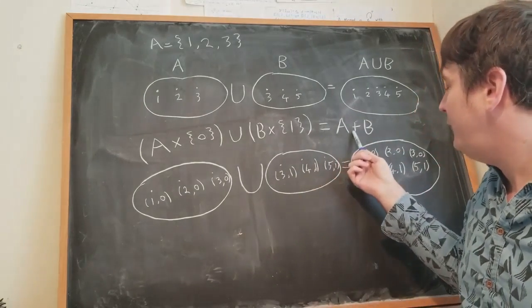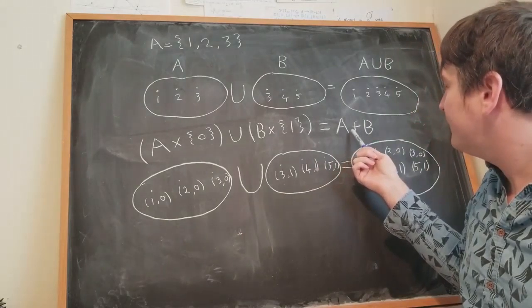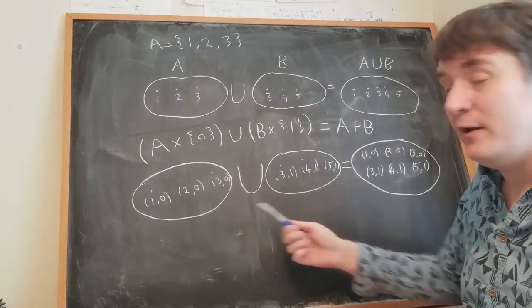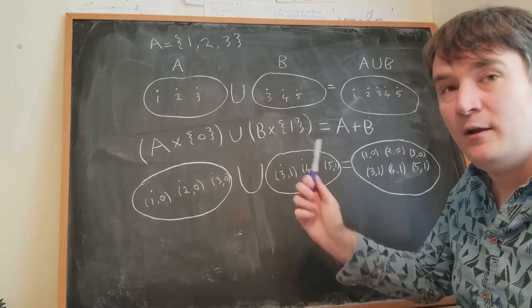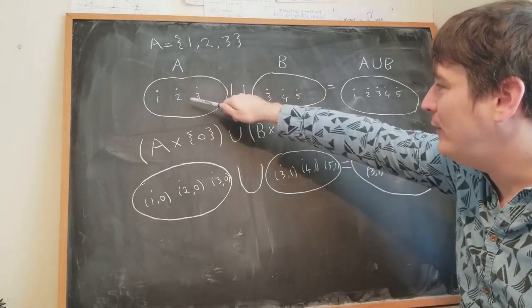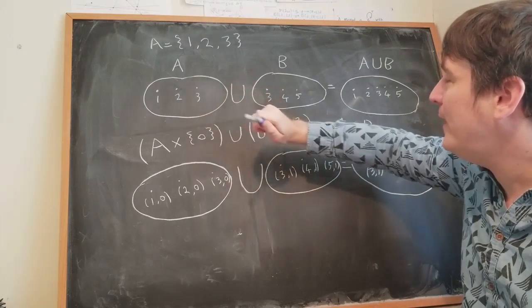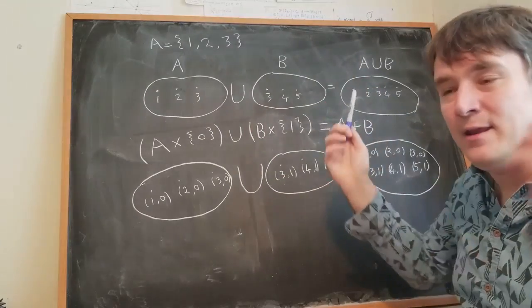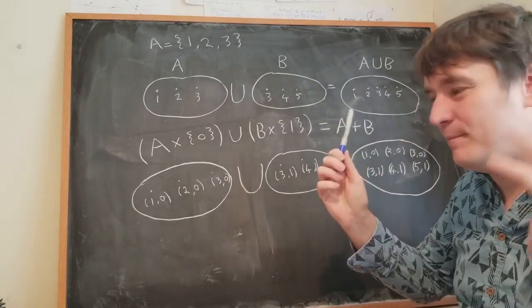Whereas to take this sort of coproduct, this sort of discriminated union, you simply have to get all the elements in A and tag them with something, get all the elements in B and tag them with something else, and then just stick those 2 sets together.